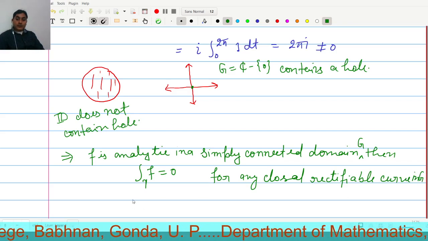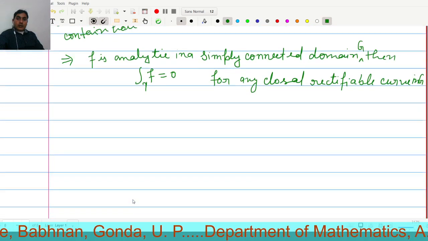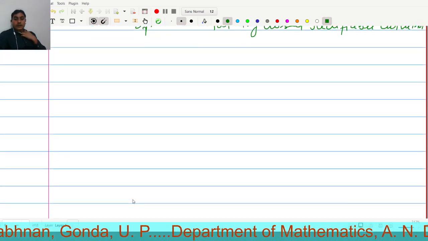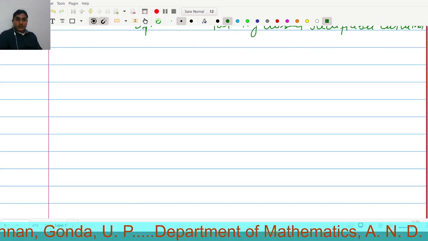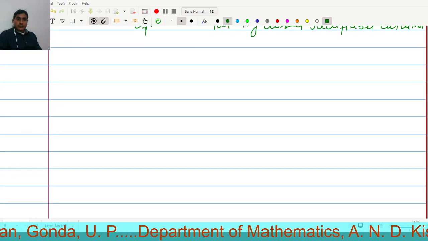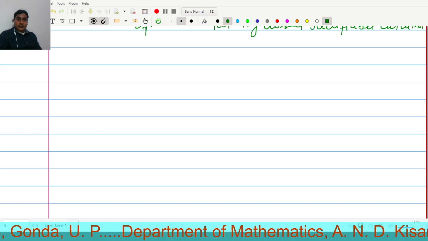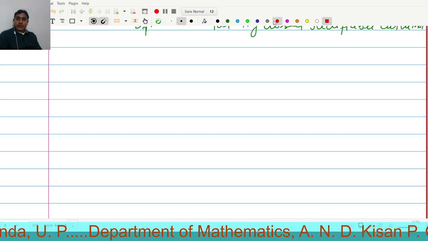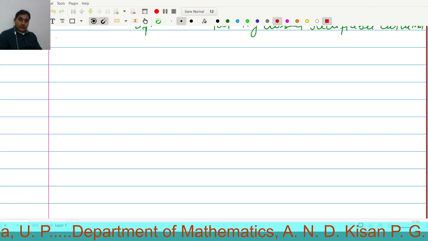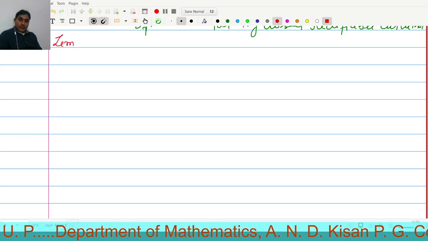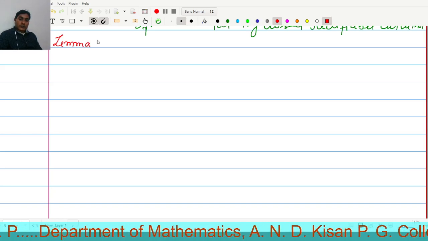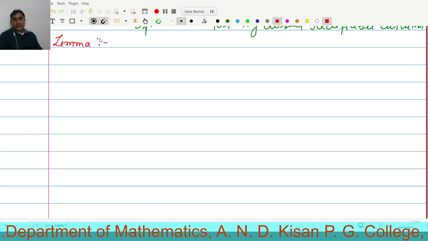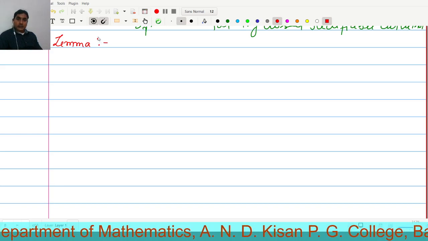Okay. So now I'm moving towards the Cauchy integral formula, but before that I'm going to provide a lemma, which is useful in finding different versions of the Cauchy integral formula.